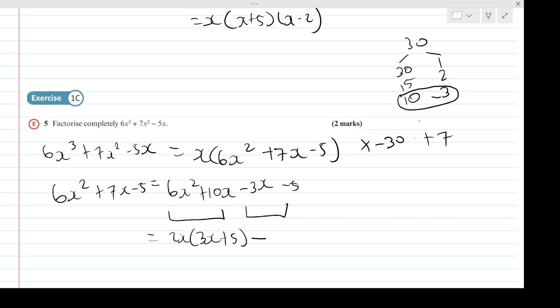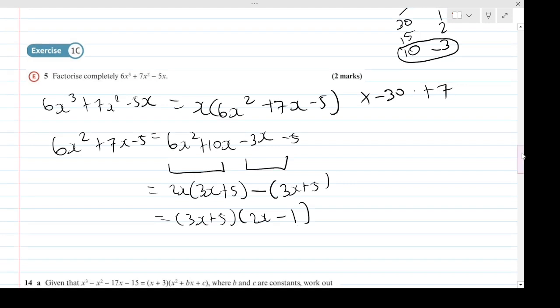So minus 1, and then 3x plus 5. Then minus 1 times 3x is minus 3x, and minus 1 times 5 is minus 5. And then notice we have a common factor on both of them, so we can pull that out. So 3x plus 5, and then we have 2x for the first part, and then minus the 1. So that is the factorised form of the quadratic.